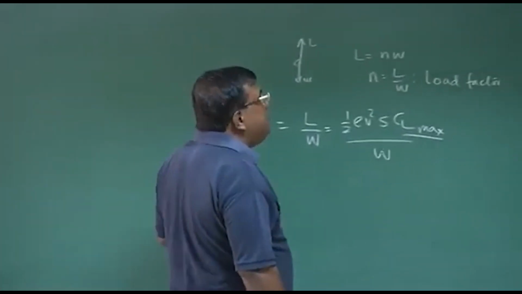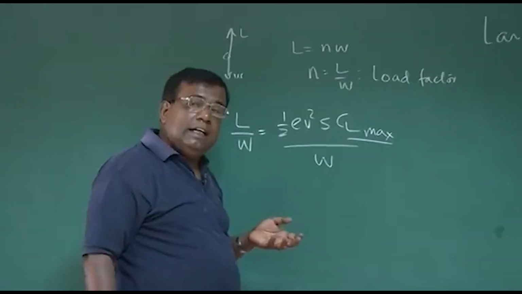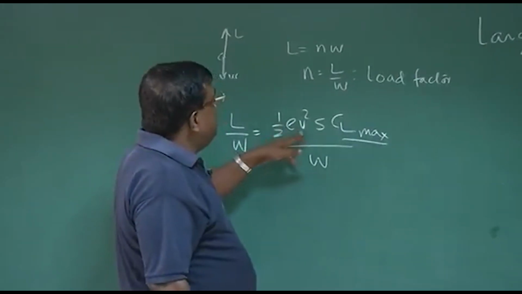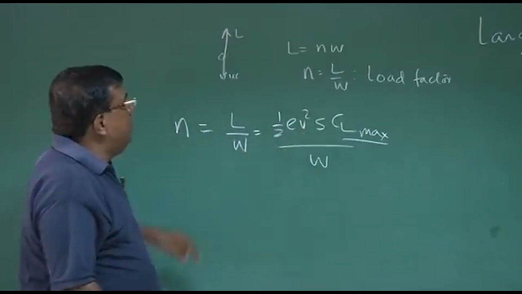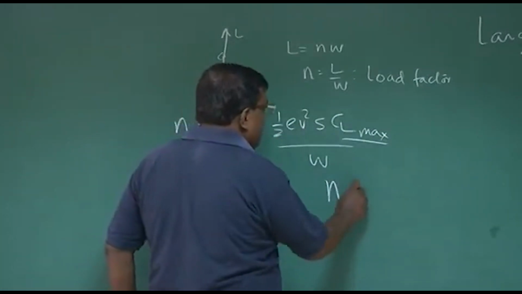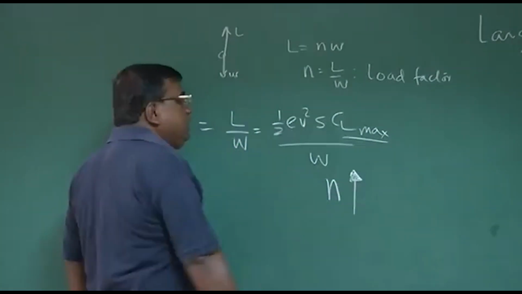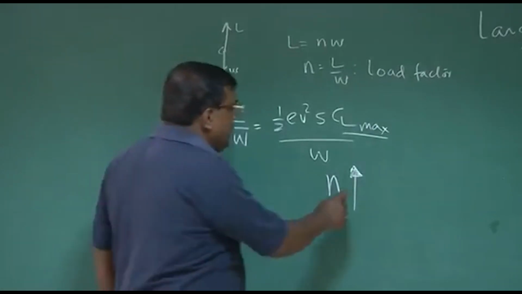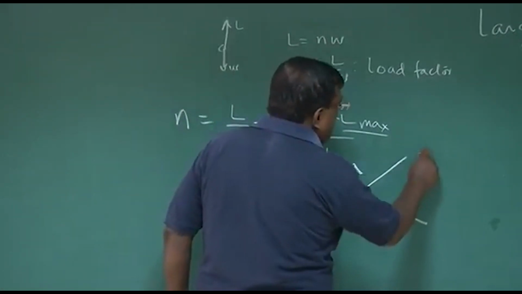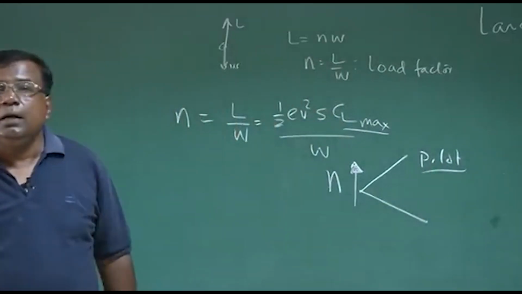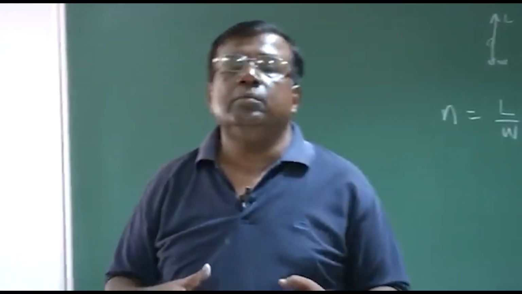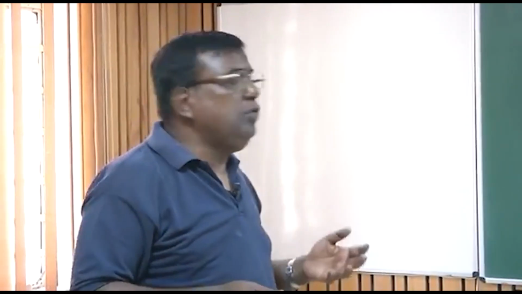However, even if those things are taken care of, the problem is that as I increase V, the load factor goes on increasing, and there are two issues. One is that the pilot, who is a human being, will be flying this machine, and our human system has a limitation on the load factor.